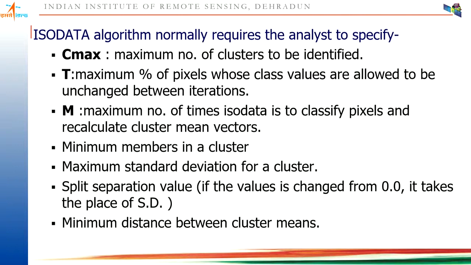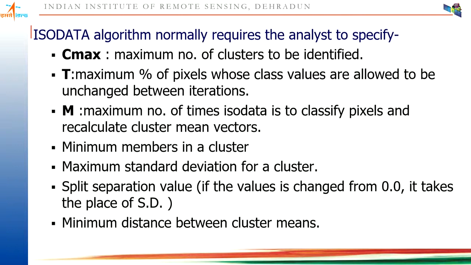So 98% should not change their value. That means maximum pixels are not changing, then the iteration will break. Okay, so this is a value that the operator can specify. Then we have capital M, that is the maximum number of times ISODATA is to be performed. So suppose this capital T value is not achieved, then after this capital M value, suppose I say 10 iterations, after 10 iterations the program will automatically stop.